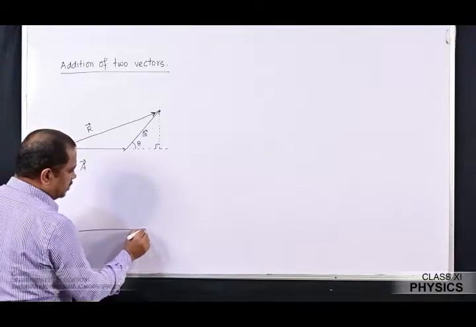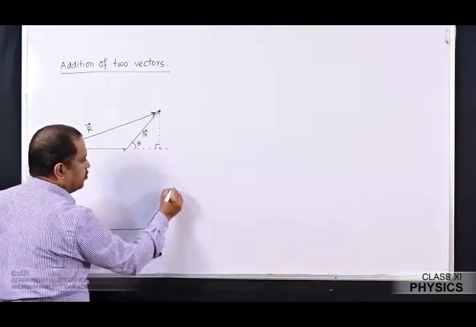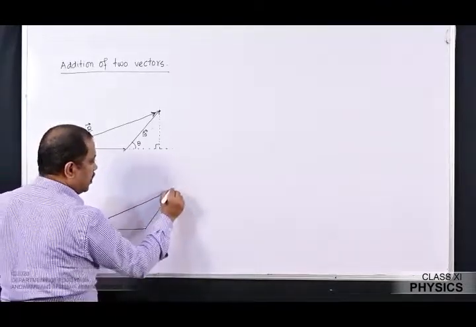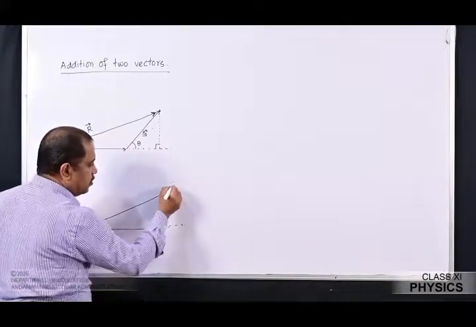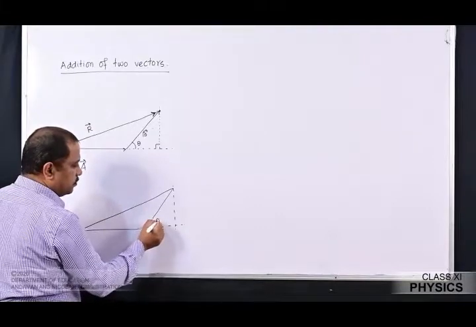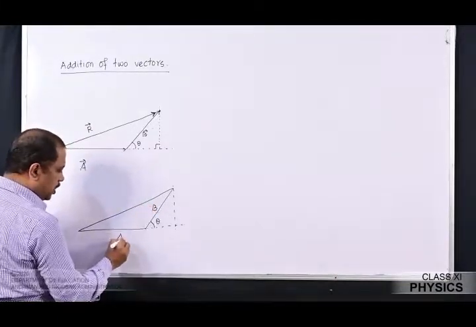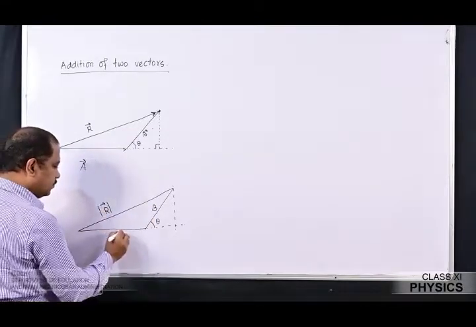So this is the magnitude of A, this is the magnitude of B, and this is the magnitude of R. Let me extend this line to drop a perpendicular over here, and I assume that this is angle theta. So this is B, this is A, this is R.